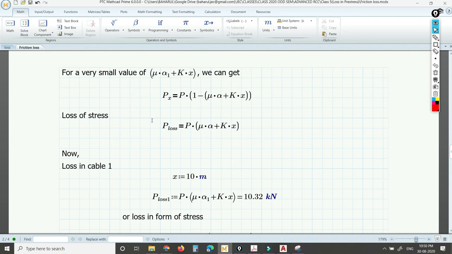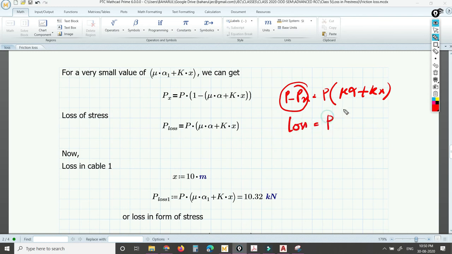If you simplify this equation, P minus Px is equal to P naught into (mu alpha plus Kx), and P minus Px is nothing but the loss due to pre-stress. So this P loss is equal to P naught into (mu alpha plus Kx).